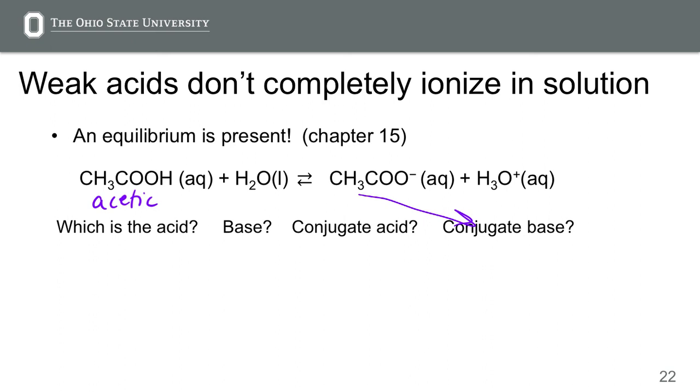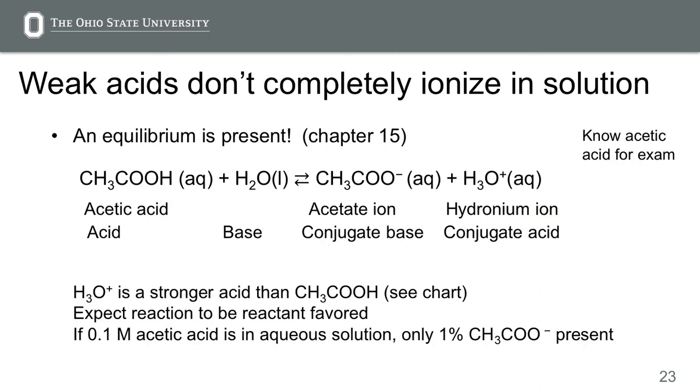Okay. Again, note the equilibrium arrows. That says it just doesn't dissociate completely. For our weak acids, we will always find a Ka less than 1. So we expect the reaction to be reactant favored. So that means that the dissociation does not happen to a great extent, right?